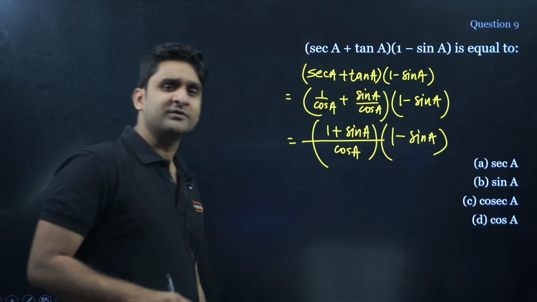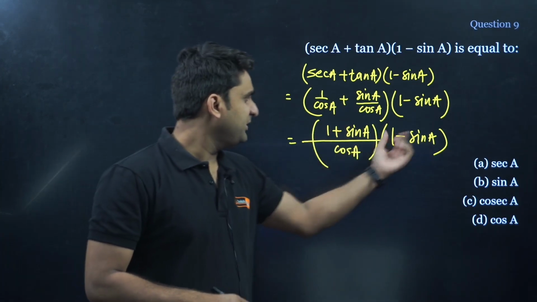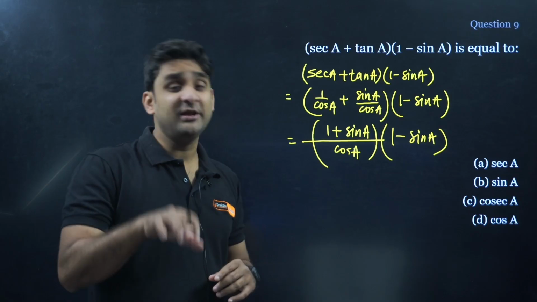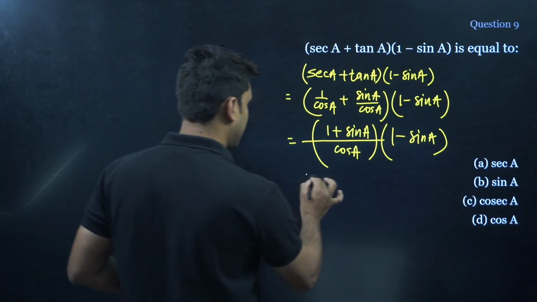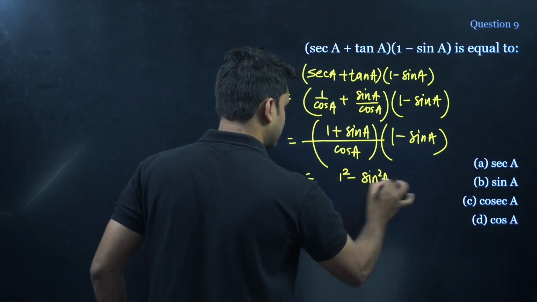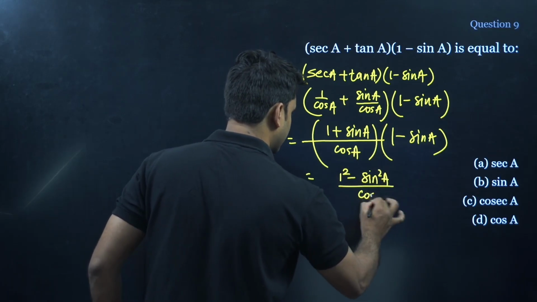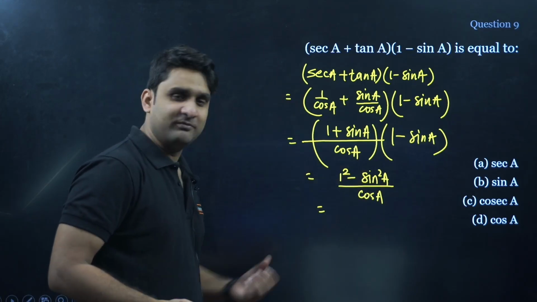My dear, if you focus, this is a plus b, this is a minus b. A plus b, a minus b is an identity of a square minus b square. So we can write here 1 square minus sin square a divided by cos a. And 1 square is equal to 1 and minus sin square a.